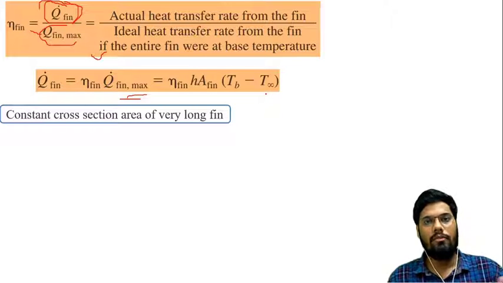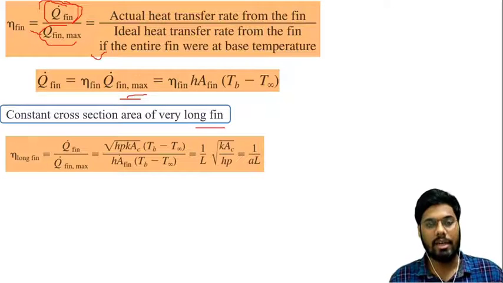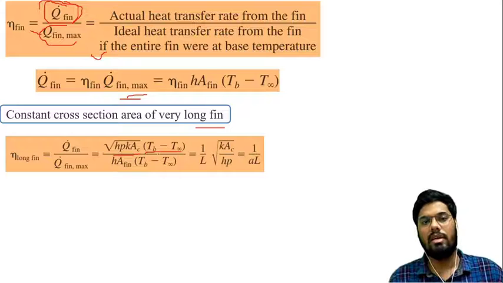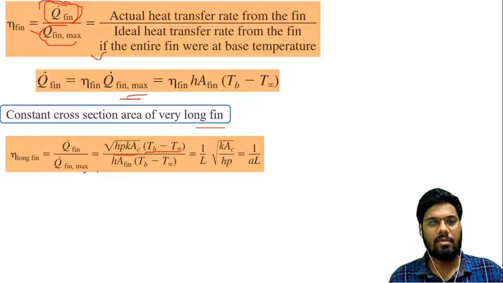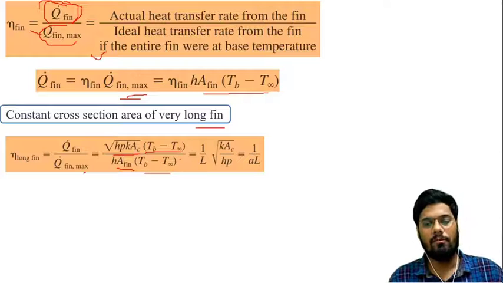Now for different cases, the first case is the long fin. We know that the actual heat transfer rate is the square root of hPkA times (T_b minus T infinity). This is the base temperature minus T infinity, or the surface temperature of the fin minus T infinity. For the maximum case it is hA_fin times (T_b minus T infinity). To simplify this equation, this temperature difference will cancel out.